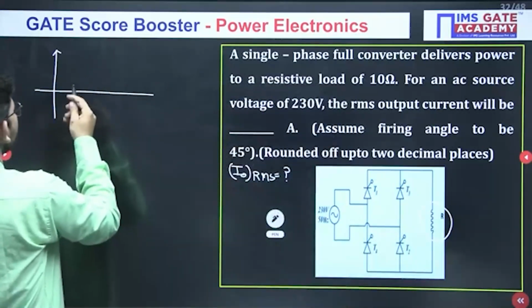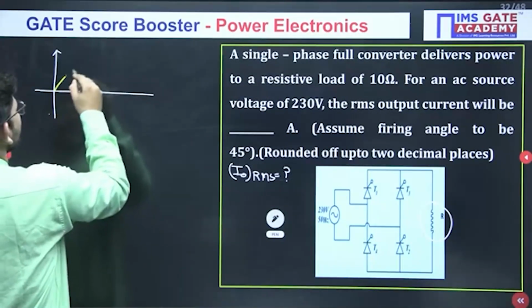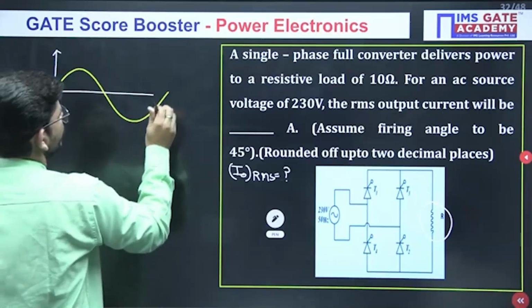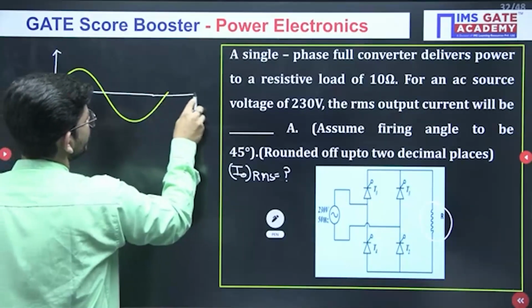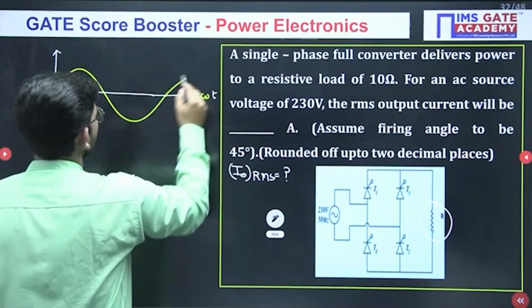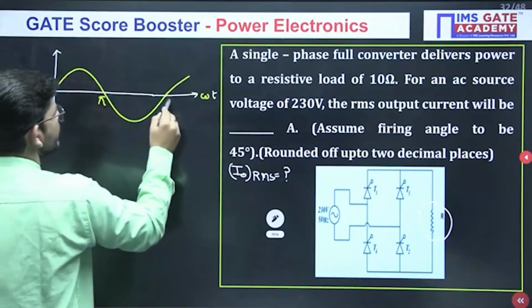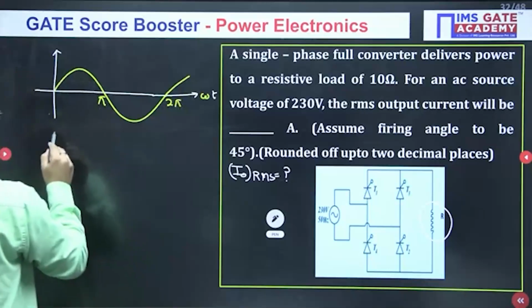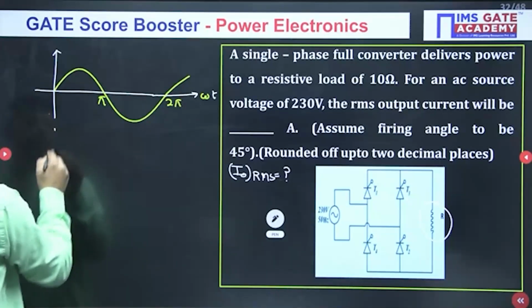Just see, we have a sinusoidal voltage like this. So this is the voltage that we have, with pi and 2 pi marked. Now, what will be the output voltage?